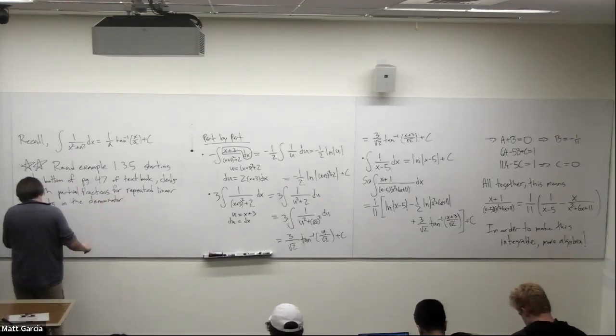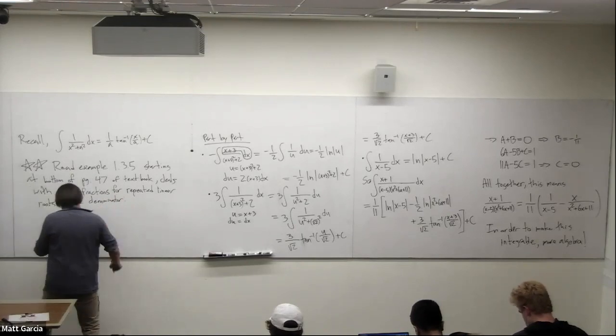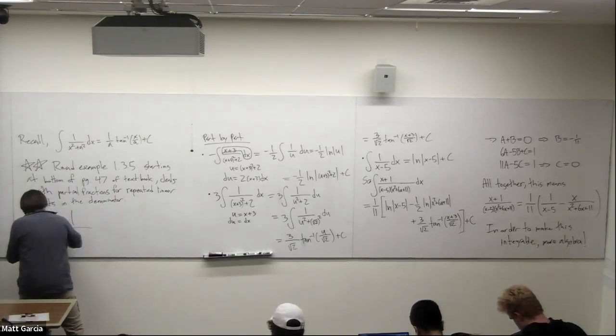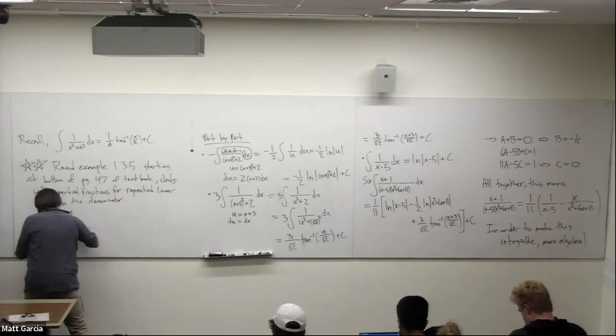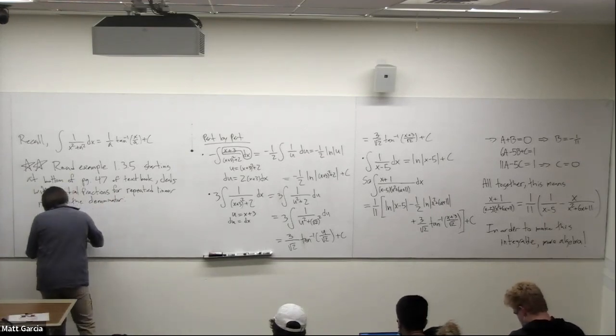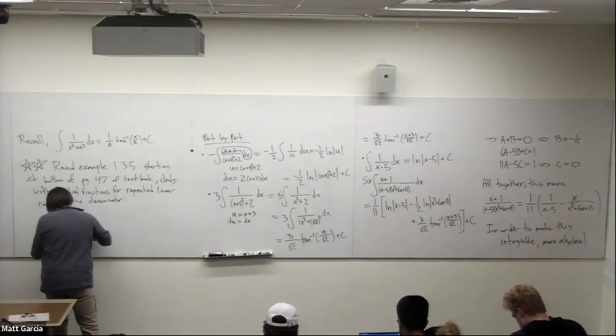Here's what I mean. So, for example, if you were given the following rational function, 1 divided by (x plus 2)(x minus 1) cubed times (x squared plus 4).